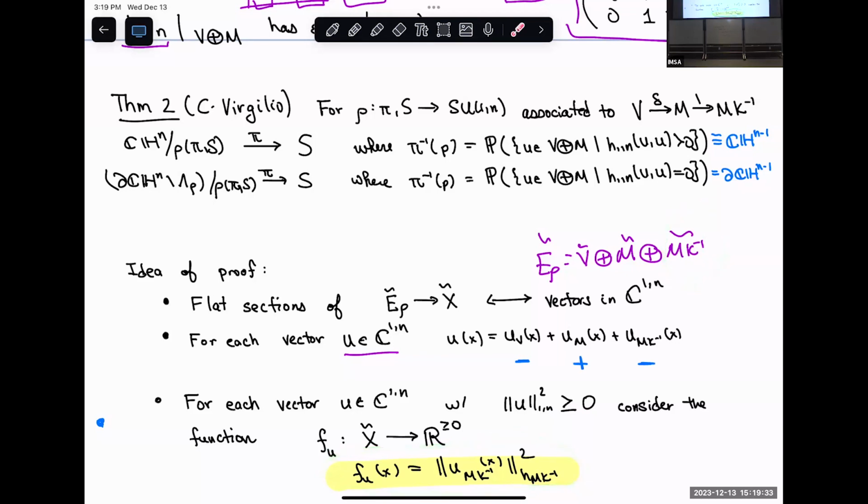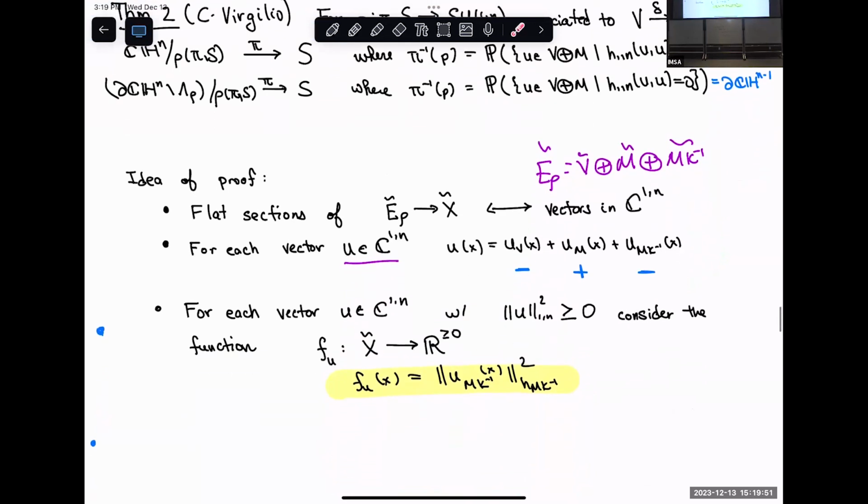Okay, so that's something you can do. It turns out this function sees everything. It's exactly the thing which is responsible for all of the results I've told you about in Filip's work, where he has a version for SO23, but this is how you translate it into this setting.